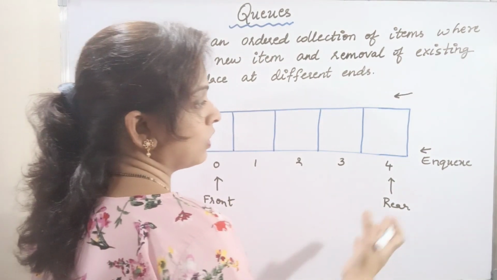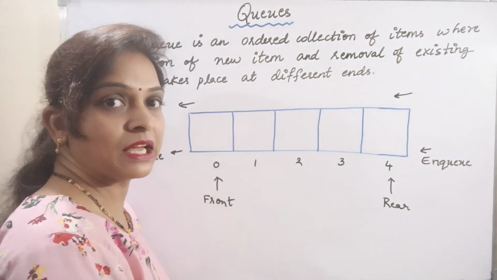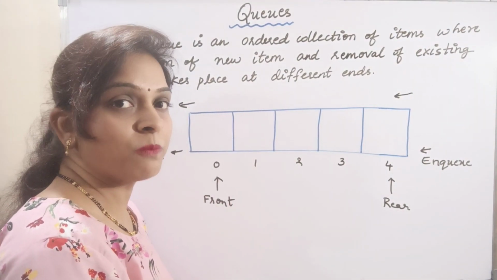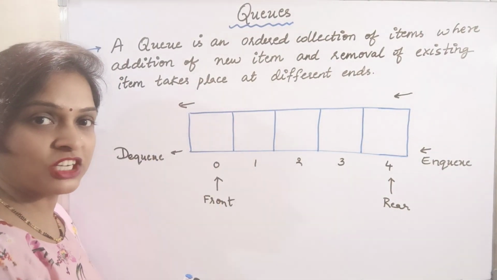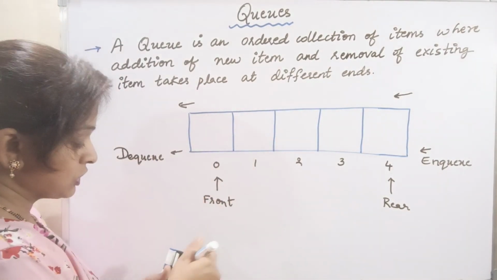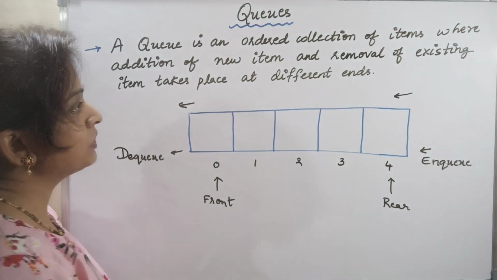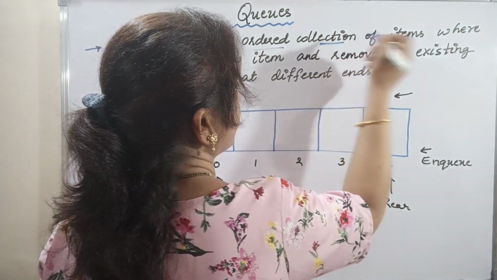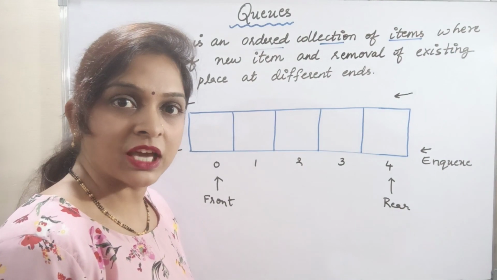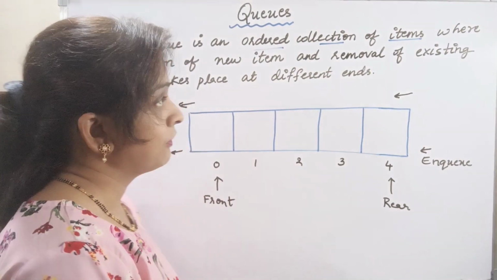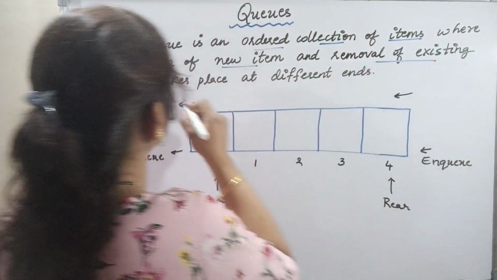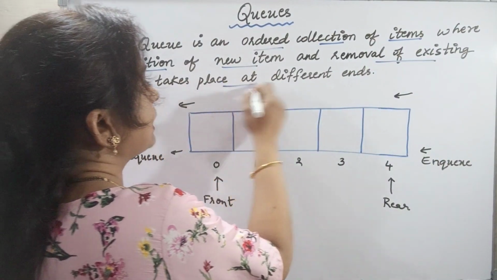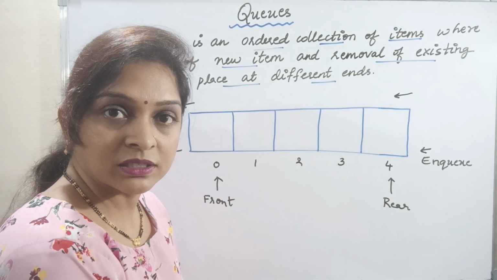Just like we have push and pop with the stack, here we have NQ and DQ. Let us understand the definition first. What is a queue? A queue is once again an ordered collection of items, where addition of a new item and removal of an existing item take place at different ends.